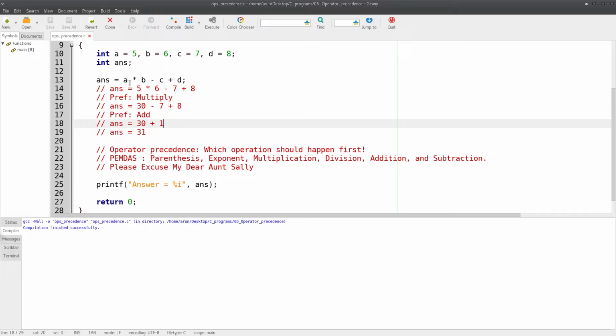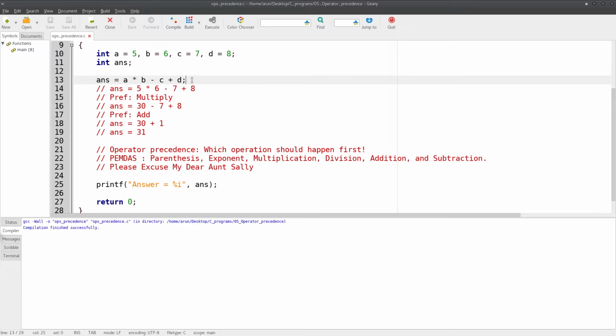Generally, if you want to write code, writing an expression like this is usually not recommended, because this can be totally ambiguous. Even without the PEMDAS rule, you're not recommended to write like this.